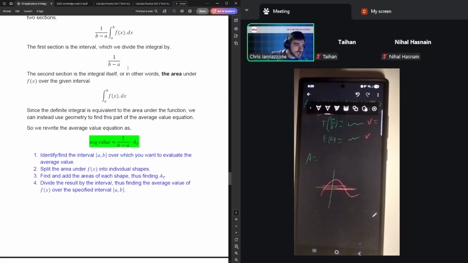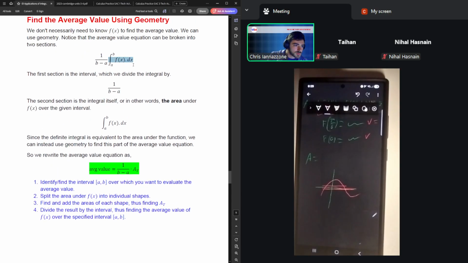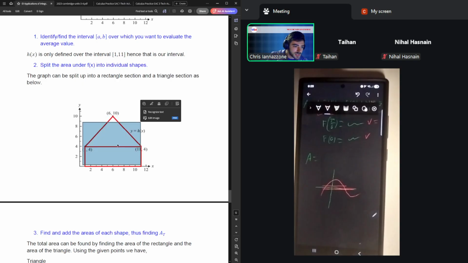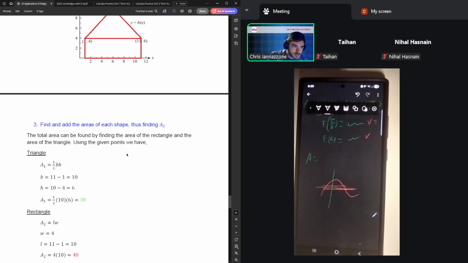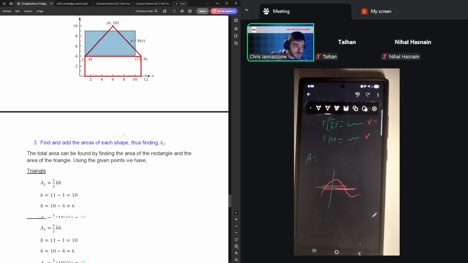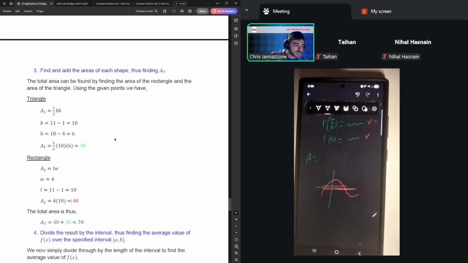Because we just need to remember that this definite integral bit is just area under a curve. So if we have a separate way of finding area under the curve, in other words, this little tent shape, if we can find that whole thing, well, do it that way instead. Of course, because this is made up of simple shapes, we can find those areas a lot easier.